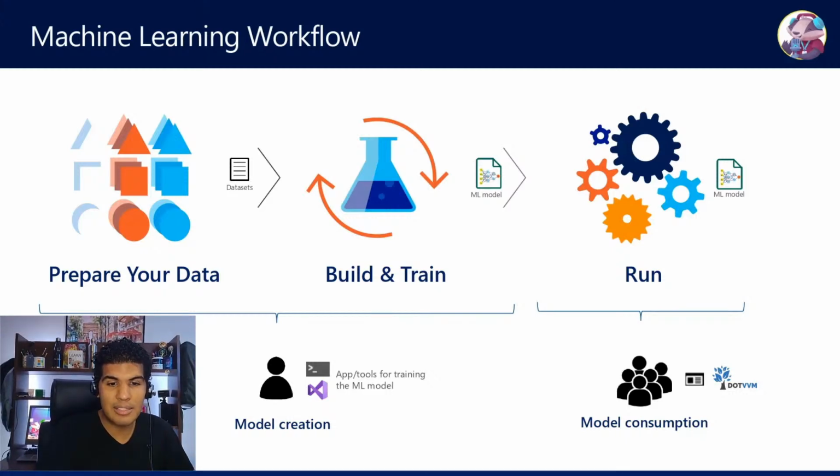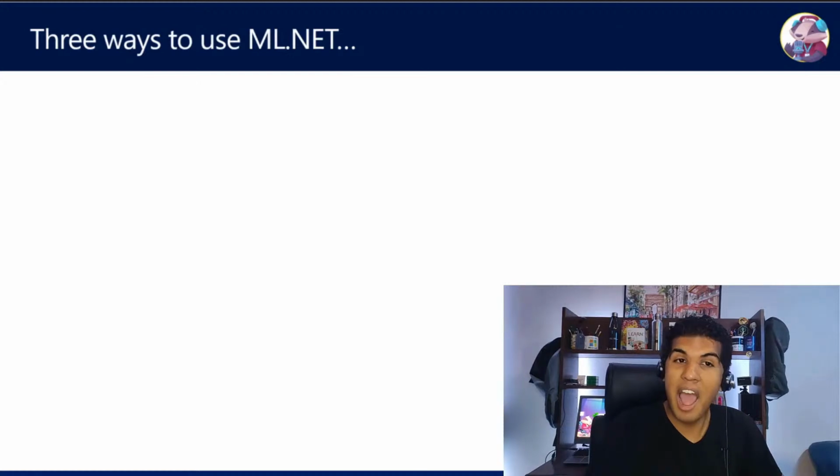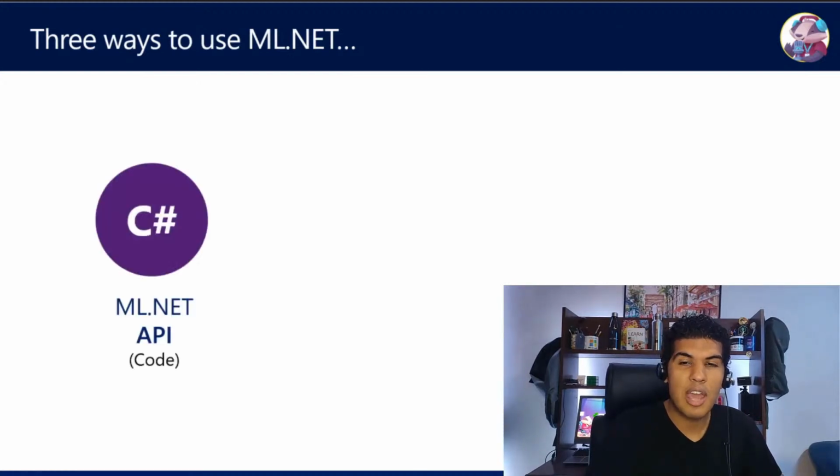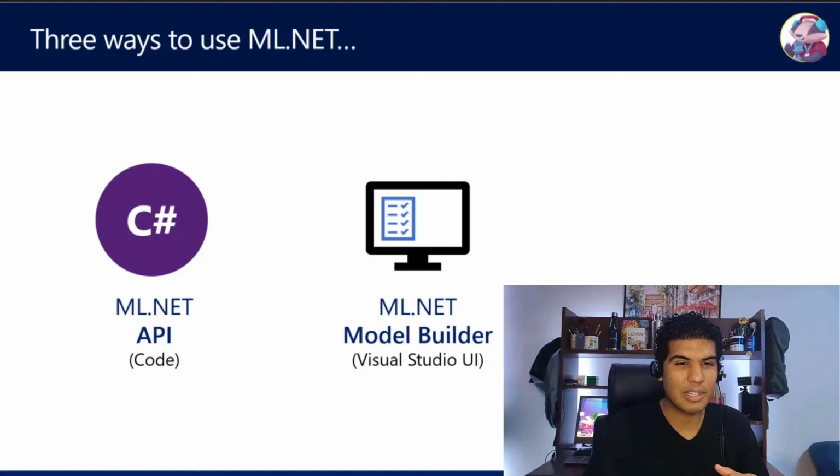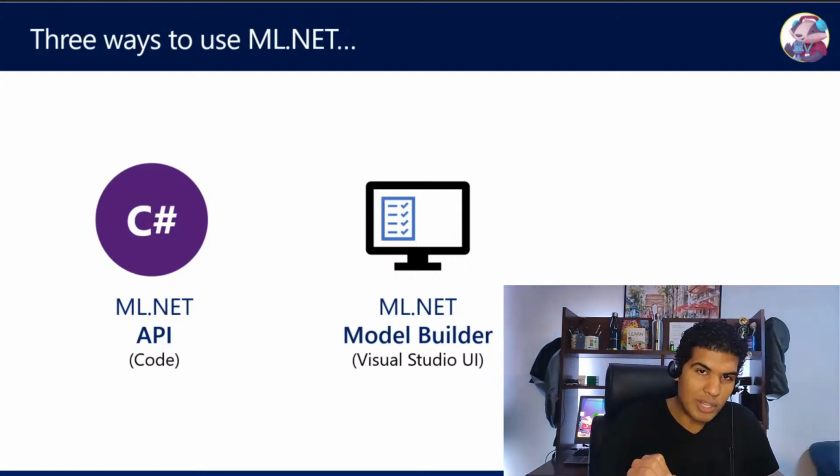In ML.NET we can find three ways to use it. In the first, we can use the ML.NET API to generate a service and consume our model. In a second way, we can find ML.NET Model Builder. This is the easiest way, because here we have a model builder in Visual Studio with a user interface to create our model.